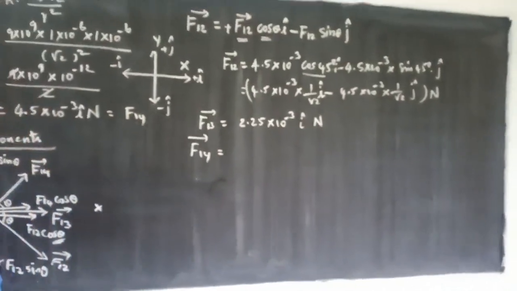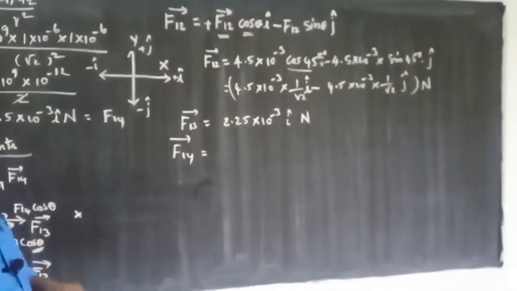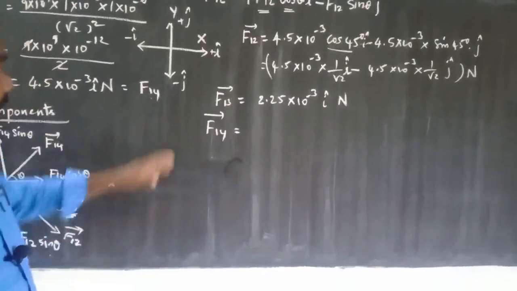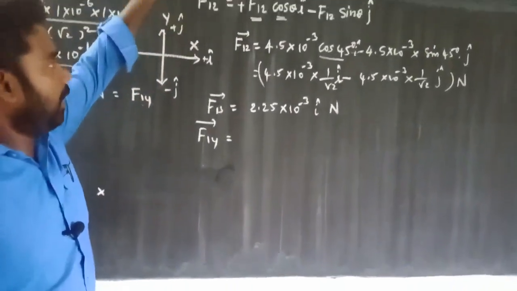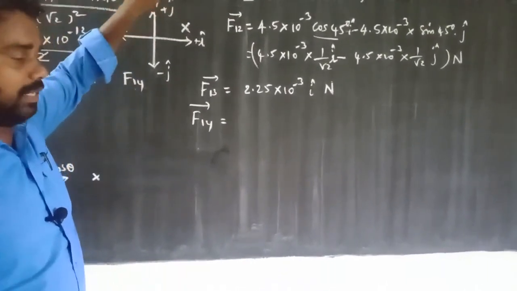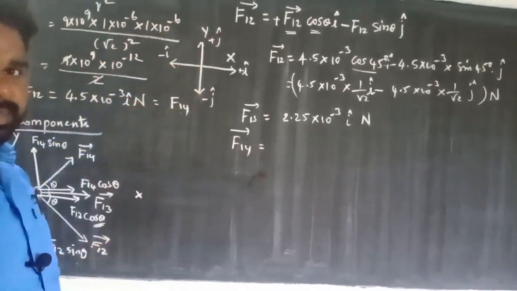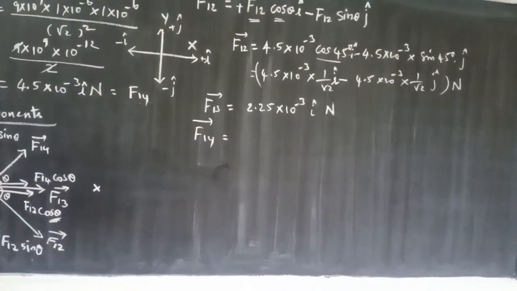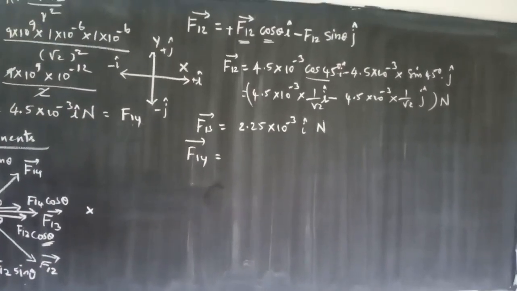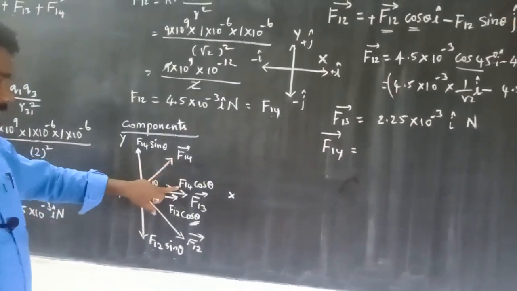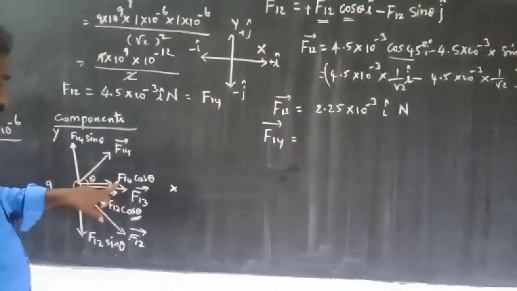See the different element is here. You know the value of F12 vector and F14 vector is equal. But in the case of components, their values may be changed. Now see how it changes. In the case of F14 vector, how is it classified?